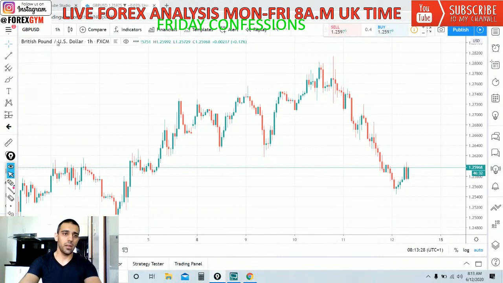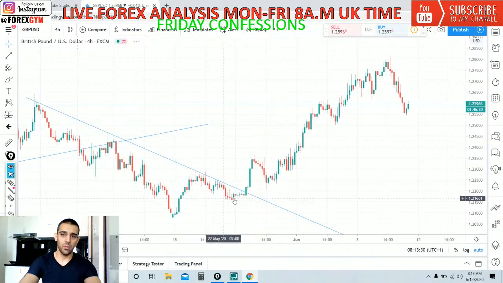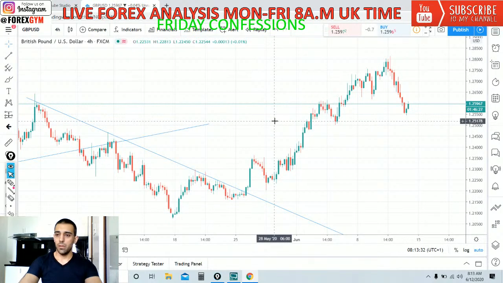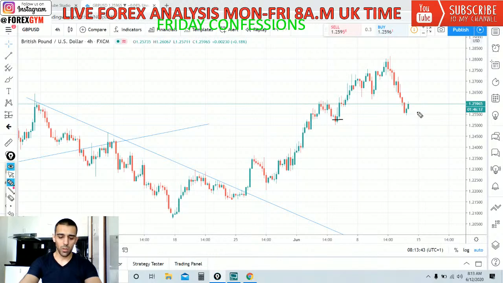The target we already know, which is down at this level, about the 125.20 zone. That will be our potential target. This one is more like a semi swing, to be honest.